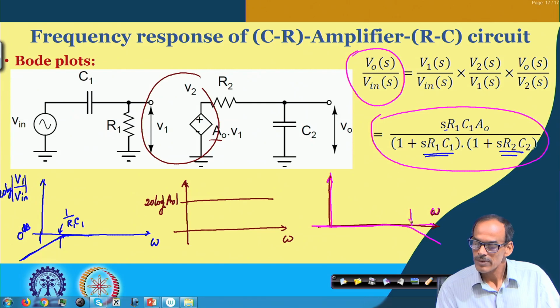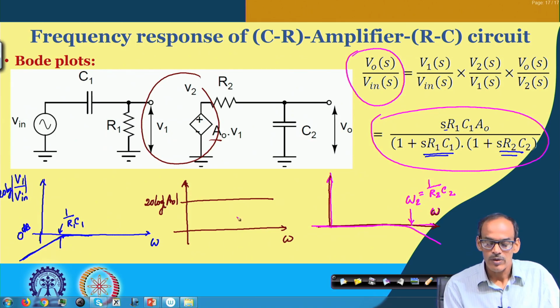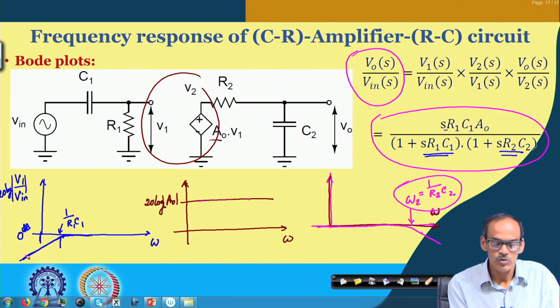The roll off is happening at the second pole, let me call this omega 2, which equals 1 by R 2 C 2.